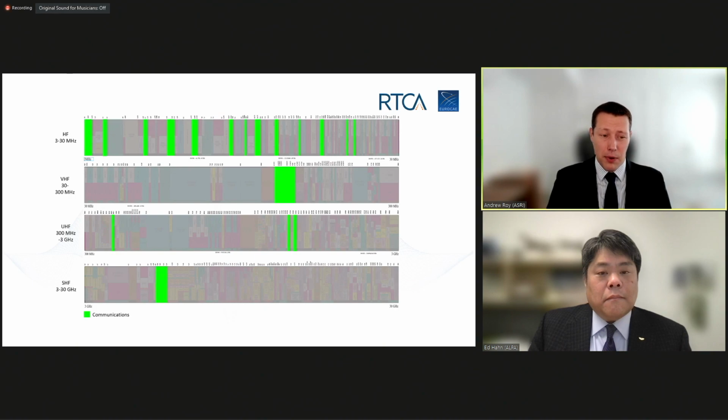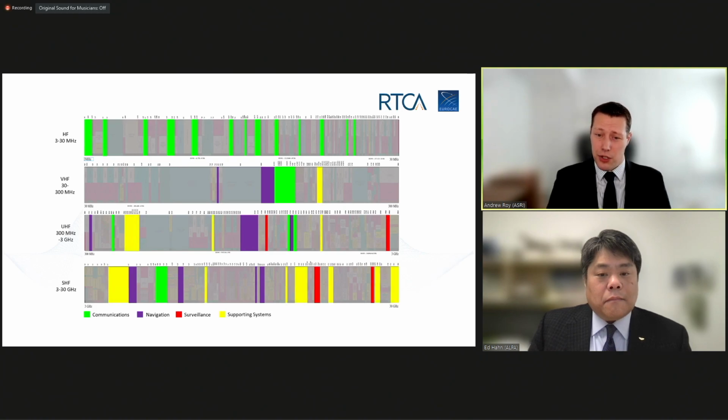And to give you an example of what we do here, you'll see on the chart the inclusion of our comms functions throughout that range, our navigational systems in purple, surveillance, and then lastly, maybe not dedicated aviation spectrum, but stuff that modern aviation relies on significantly through supporting systems. For example, SATCOM to aircraft to allow Wi-Fi in the cabin for passengers is a very modern function that we need spectrum for these days as well in aviation.